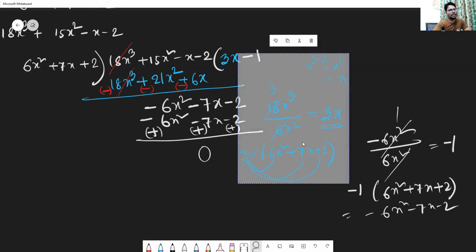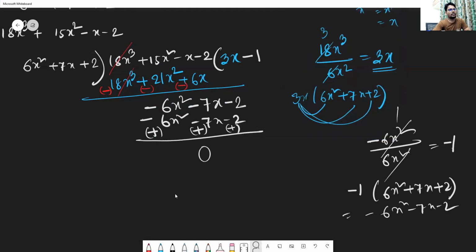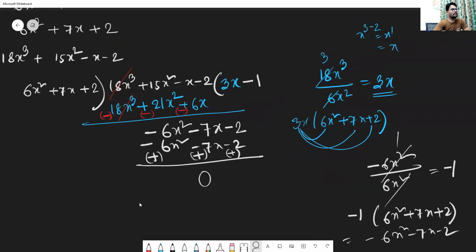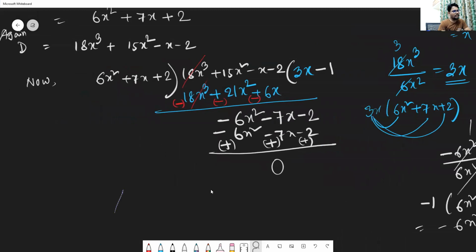This is the rough work. Now finally, according to the question demand, if d is divided by the product of the two given factors, the answer is 3x minus 1.